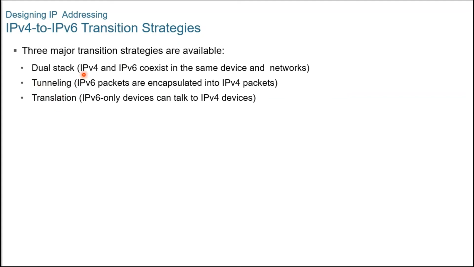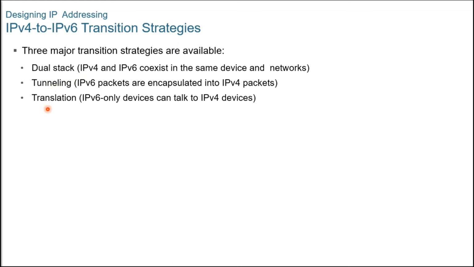There are some organizations who are still running their network on IPv4. Okay? So the first mechanism is a dual stack. Both the IPv4 and the IPv6 stacks run on a system that can communicate with both IPv6 and IPv4 devices. Okay? So the next one is tunneling. Tunneling uses encapsulation of IPv6 packets to traverse IPv4 networks and vice versa.